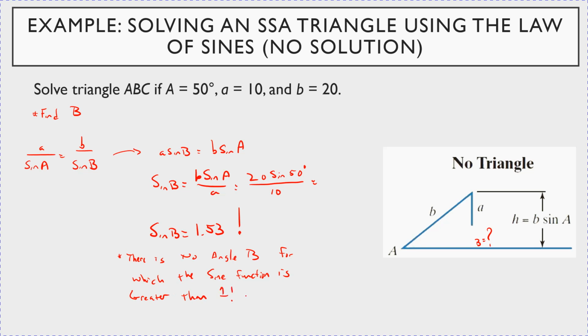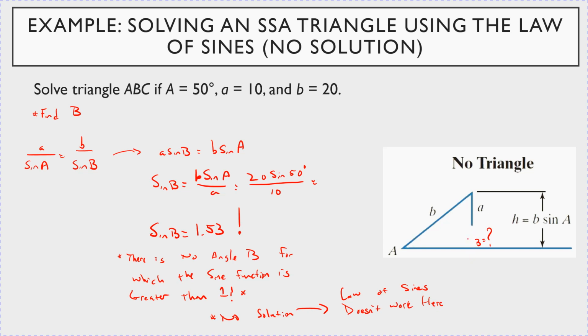Right off the bat, you should recognize I got no solution. So the law of sines fails here, because it turns out you didn't have enough information to show that this was really a triangle.